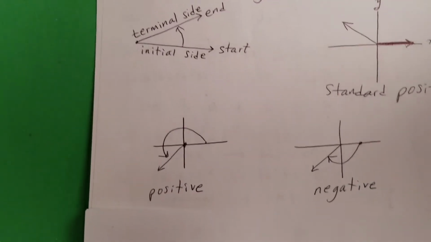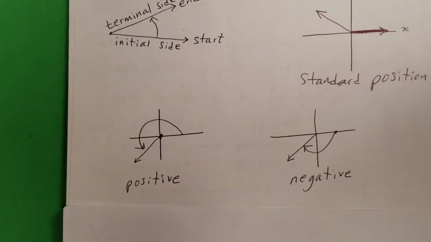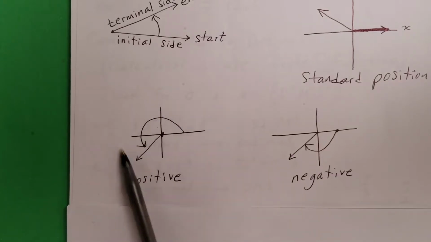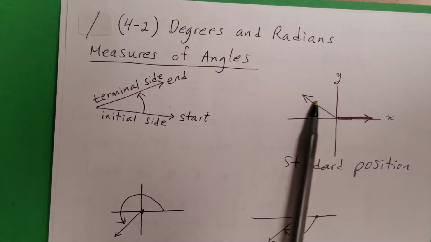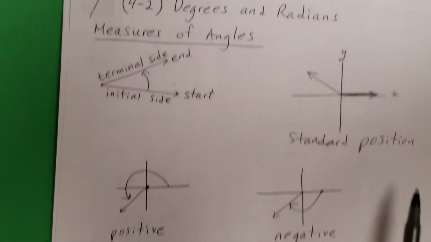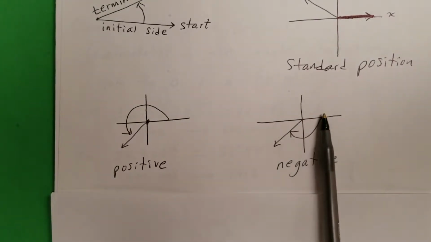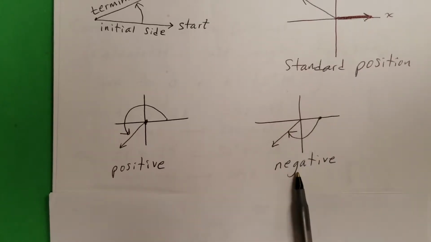The other thing you need to know is, depending on which direction you go, it's either positive or negative. When we turn this way, which is counterclockwise, that's the positive direction, right? So when we open up this way, that would be a positive angle. When we open up this way, clockwise, that would be negative.